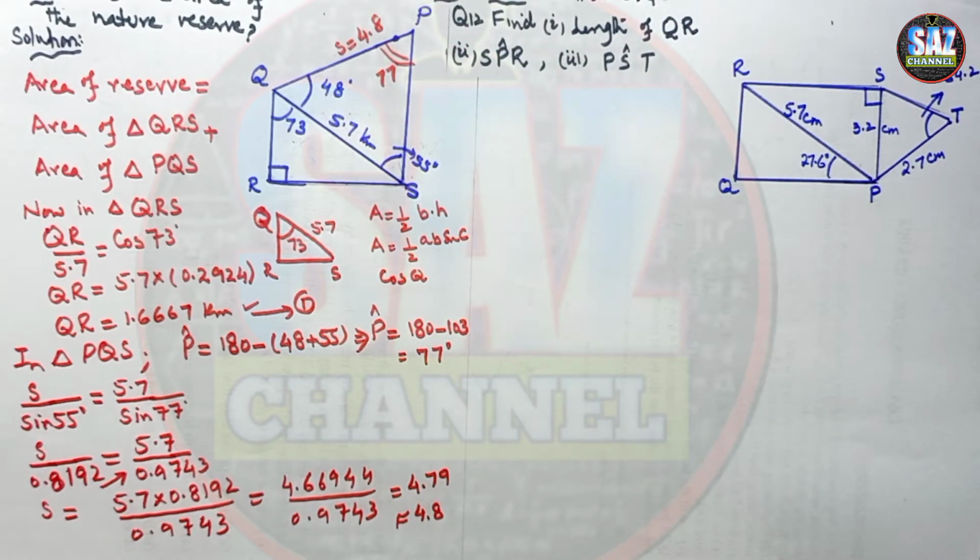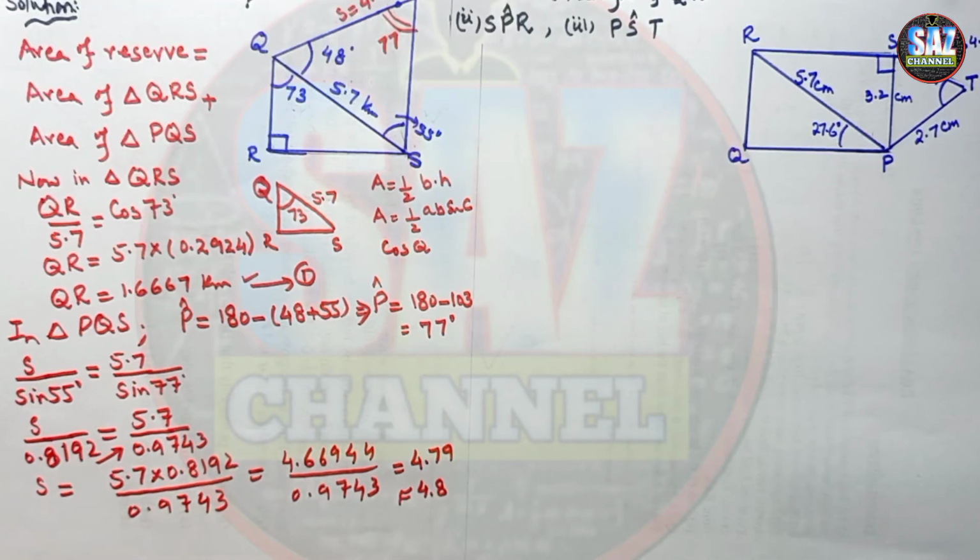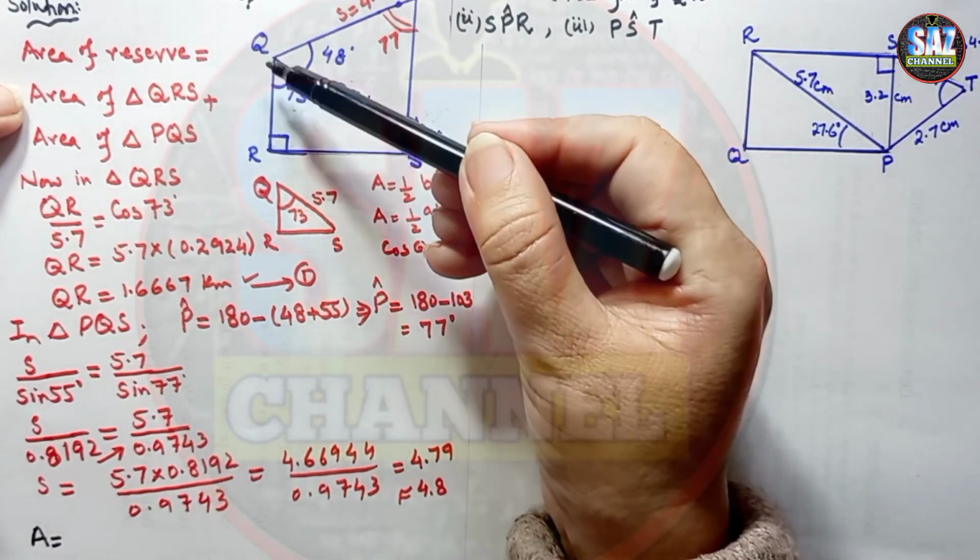Now is the problem for the area. So the area will be equal to, let me use another color pen so that my students can understand it easily, area of triangle QRS.